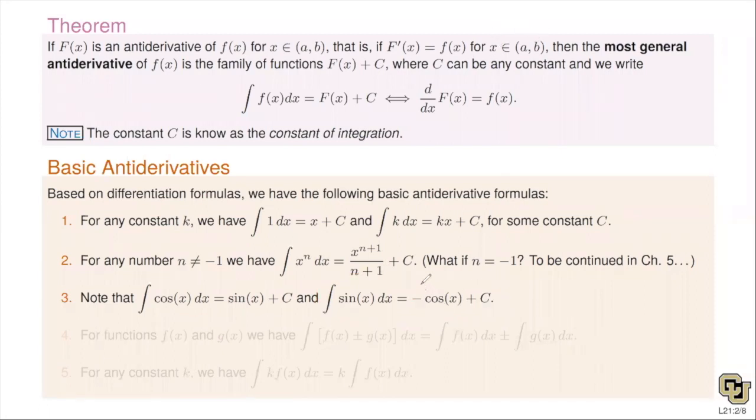So it's really important that, to verify a statement like this, you are thinking about what's the derivative of the right-hand side, and is it equal to this function that we're trying to find the antiderivative of. In this case, of course, the answer is yes.